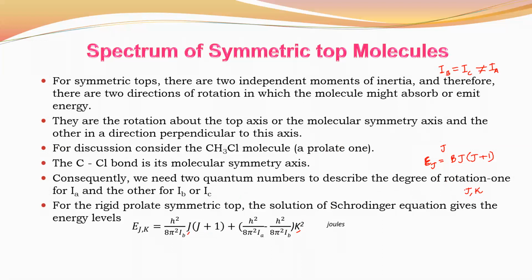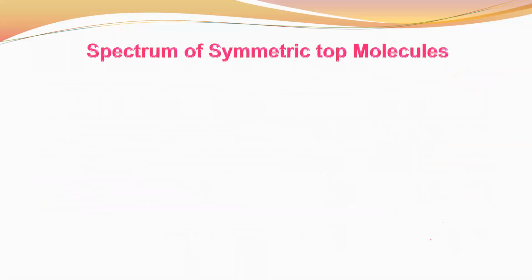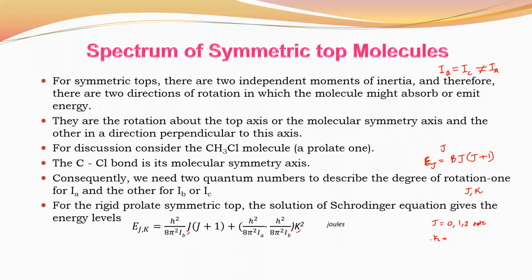We mentioned previously that there must be two quantum numbers J and K. In the rigid diatomic molecule, the quantum number J varies as 0, 1, 2, 3, etc. But here there are two quantum numbers, first J and second K, and J varies as 0, 1, 2, 3, etc.